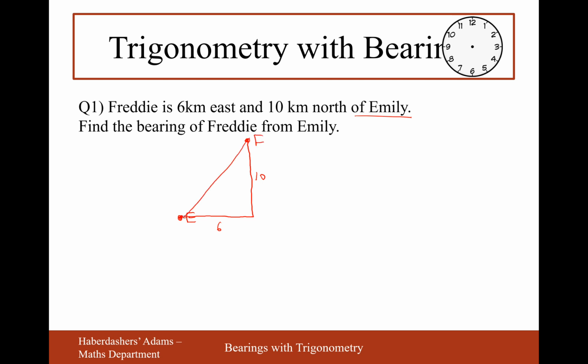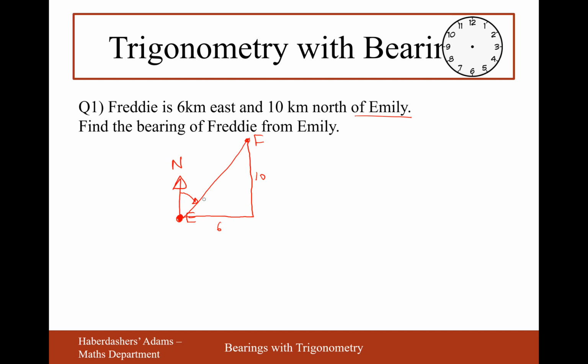So I'll connect those two together. Find the bearing of Freddie from Emily. So we start from Emily and we're going to Freddie. So I'll draw my north line there, and then the angle rotating round to get to Freddie.